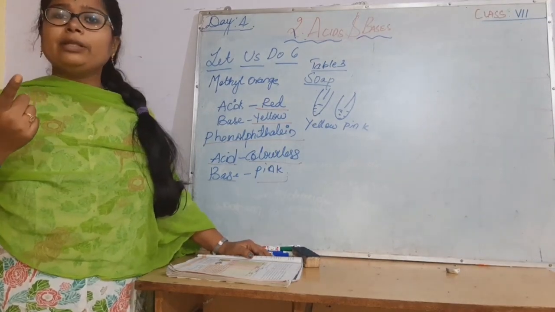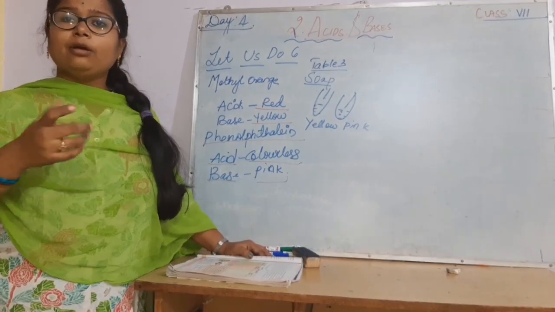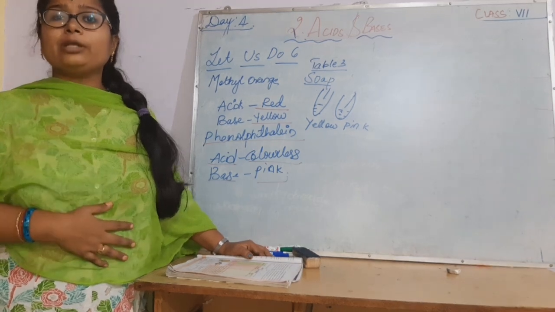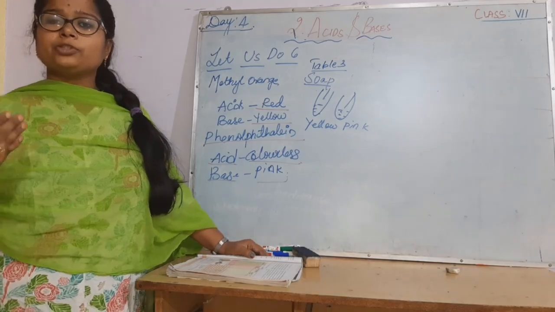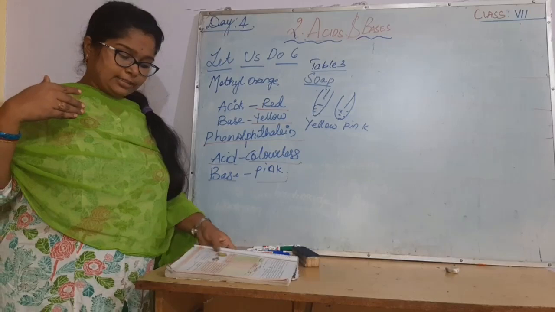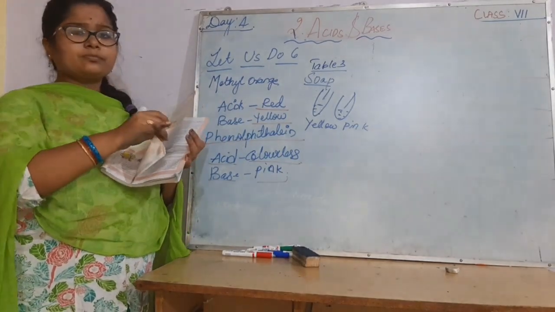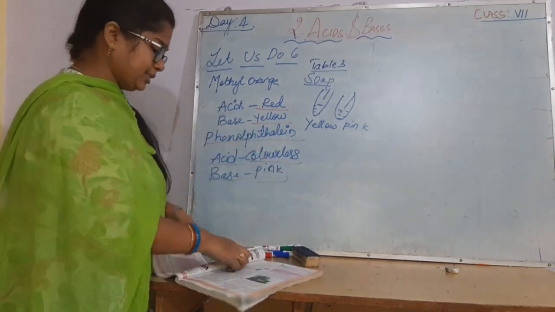And bases like ENO: if you feel acidity, you take ENO or an antacid, which neutralizes your stomach, making it not more acidic and not more basic. So you are supposed to connect the science to your day-to-day life. And here are some questions given. You are supposed to answer these questions. And next, let us do some more experiments.